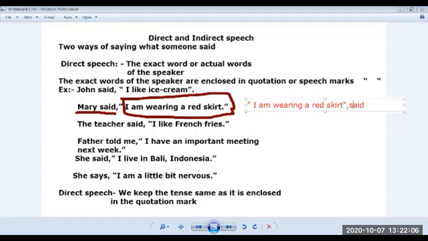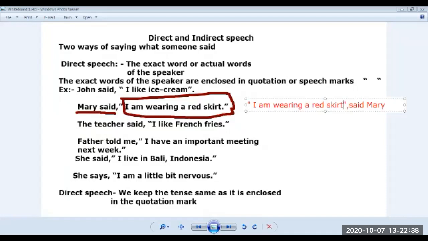So it's still the same, but you will find such sentences in two forms. One is when the reported speech in the quotation marks comes in the beginning of the sentence, and in some sentences you will see it comes at the end. So when it comes at the end, the comma shouldn't be outside.